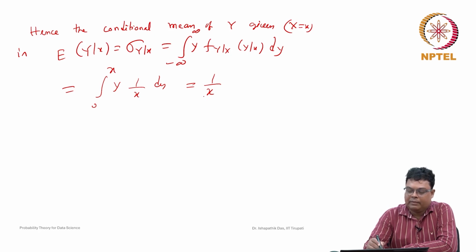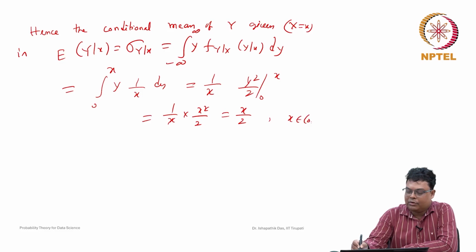Then y square by 2 with limits 0 to x gives x square by 2, and 1 by x into x square by 2 minus 0, so this cancels, giving x by 2 for a particular value of x in (0, 1).